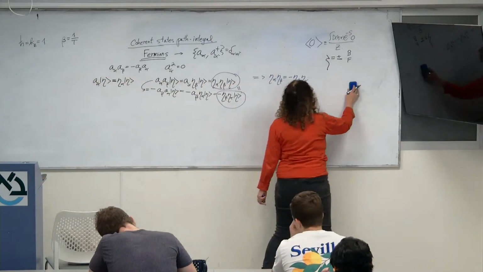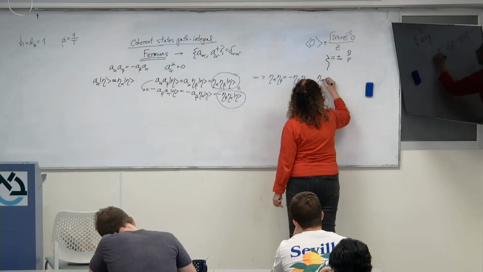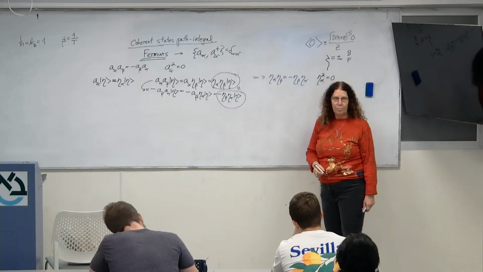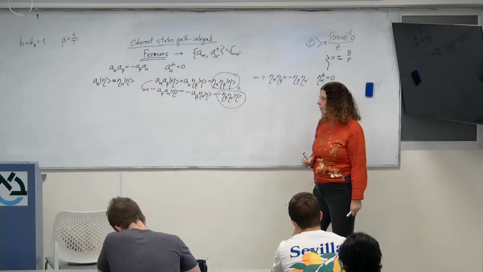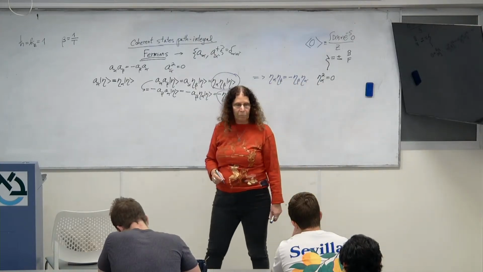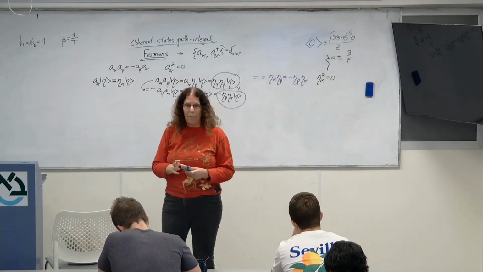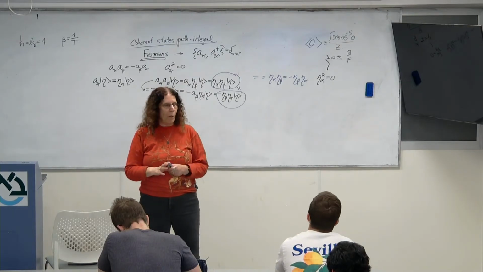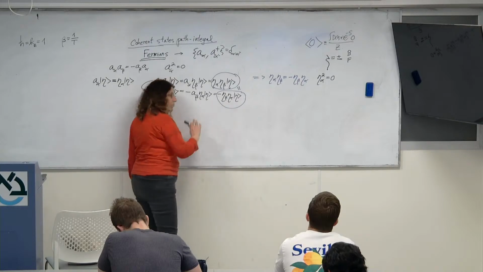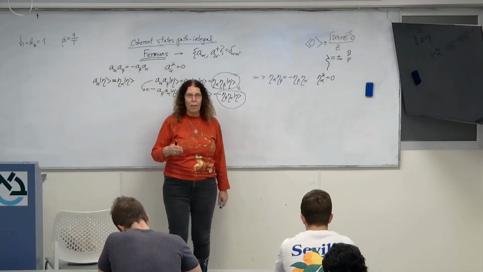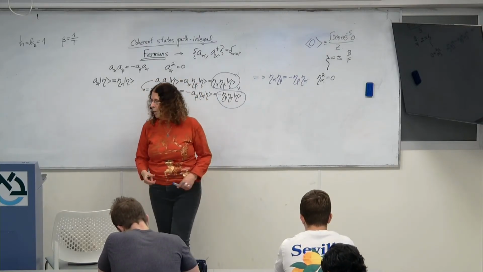So a special case of that is that eta alpha squared has to be zero. And in fact, eta alpha to any power greater than 1 has to be zero. These are not regular numbers. I mean, if there are such things, then they cannot be regular complex numbers.